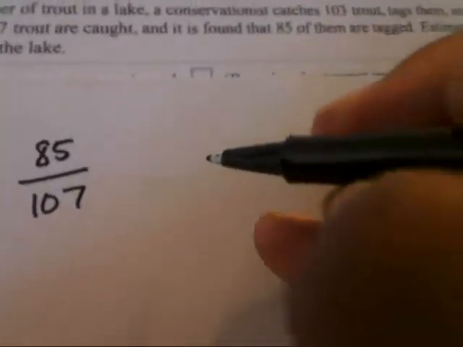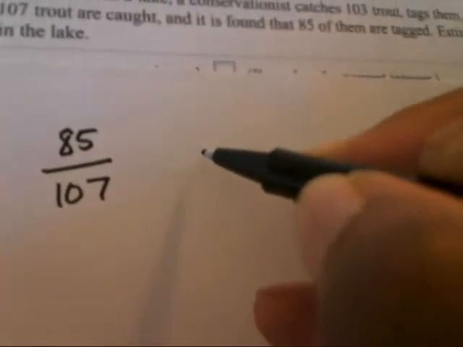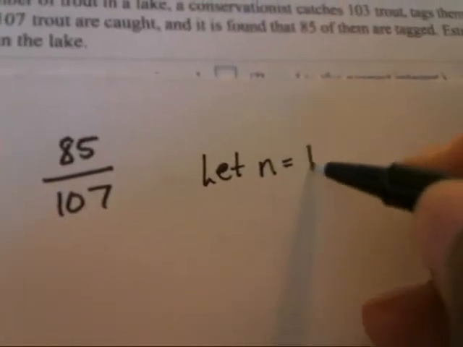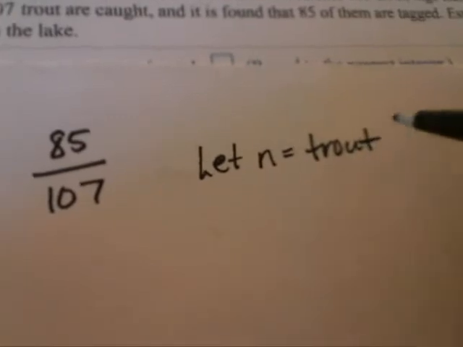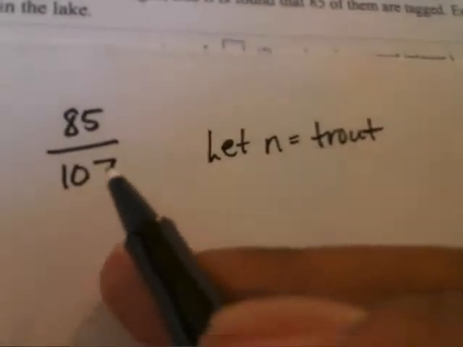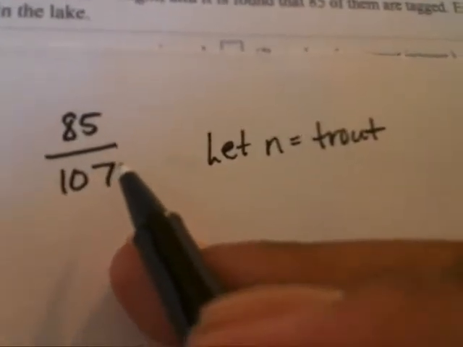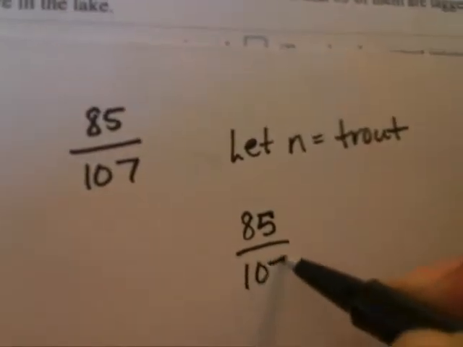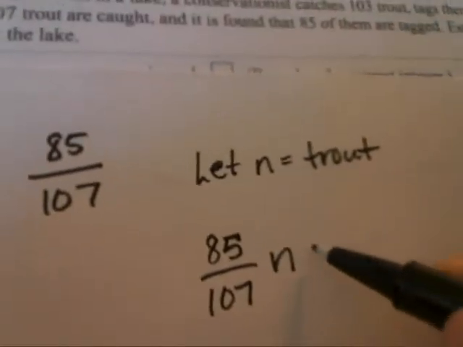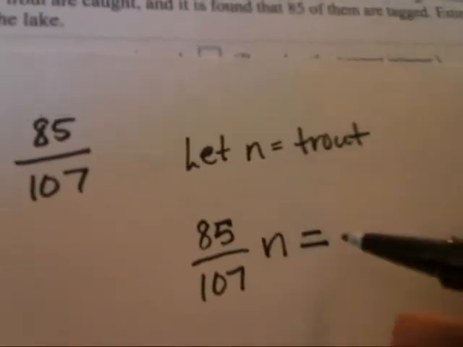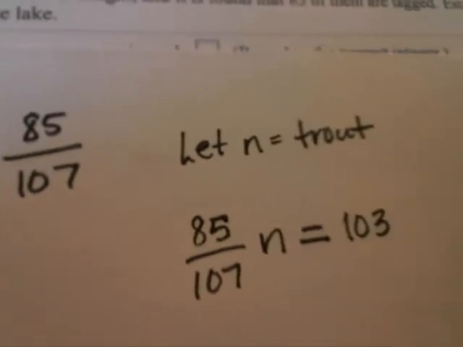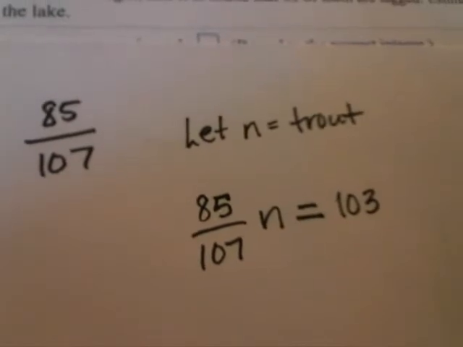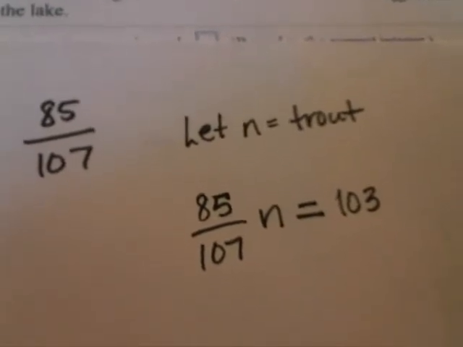Now I'm going to find out how many trout were in the lake originally. We're going to let n be the number of trout originally in the lake. We already know that 85 out of the 107 were tagged, so take 85 over 107 and multiply that by n, which gives us 103, because originally the conservationist caught 103 trout.